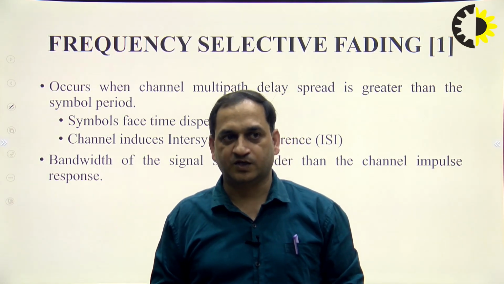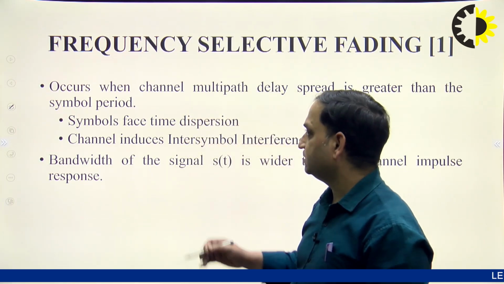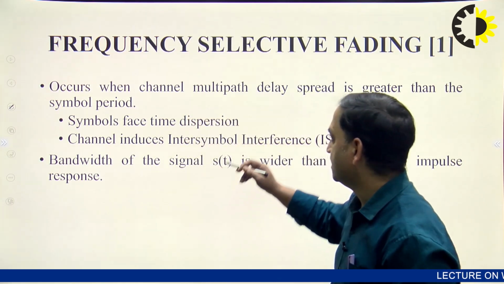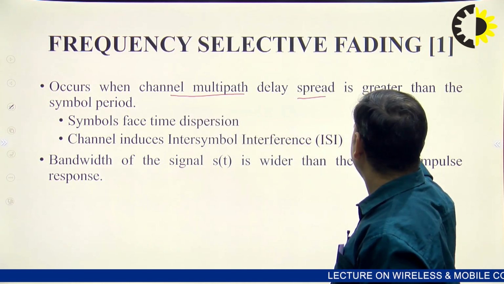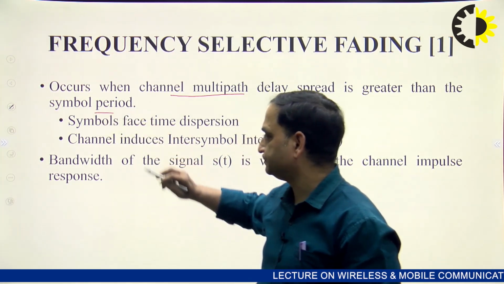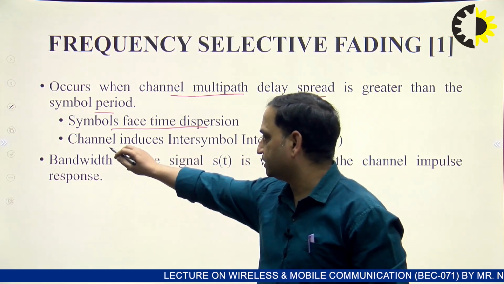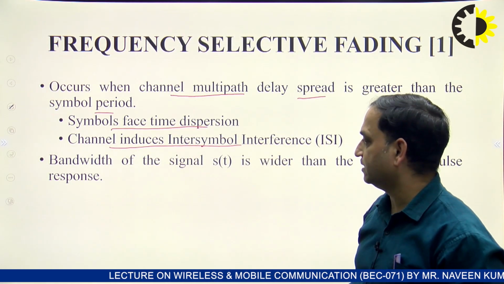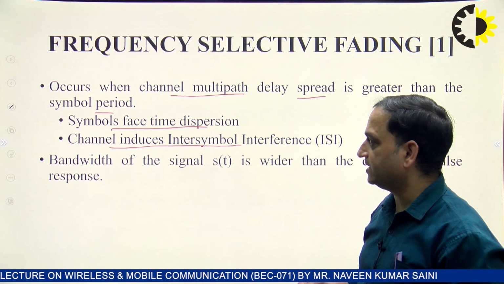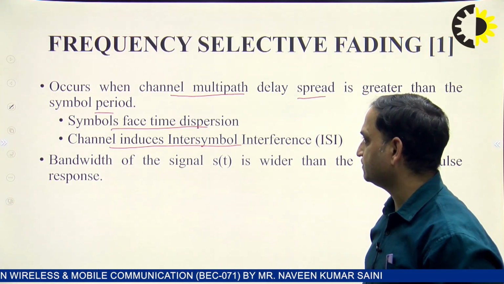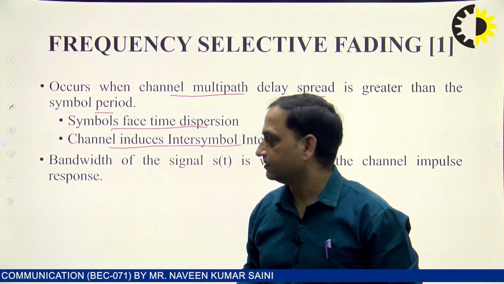If we talk about the frequency selective fading, this is just the opposite of the flat fading. In that, frequency selective fading occurs through the multipath delay spread, which is greater than the symbol period. So these symbols face time dispersion, and the channel induces ISI, inter-symbol interference. This ISI is really very dangerous for a wireless communication system, and frequency selective fading is one of the reasons for that.